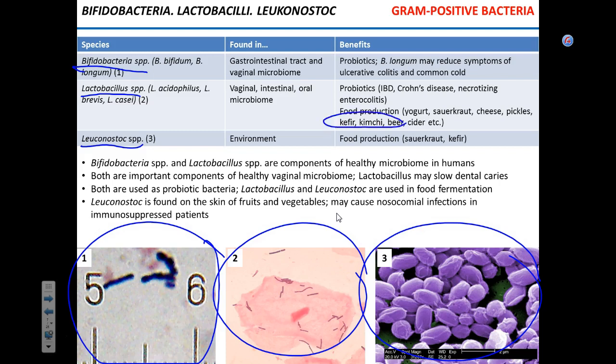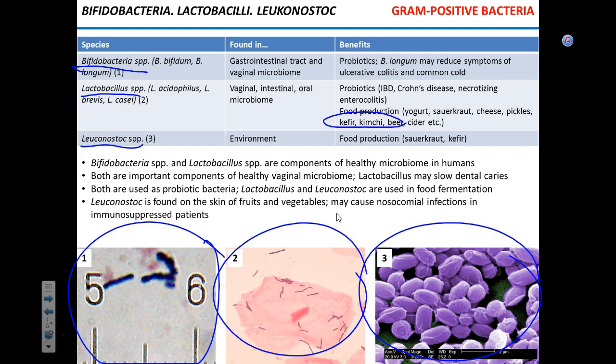Okay. Now, interestingly enough, both bifidobacteria and lactobacilli are found in the human microbiome. Bifidobacteria, more than lactobacilli, are found in the intestinal microbiome, and lactobacilli are the main taxa of the vaginal microbiome.